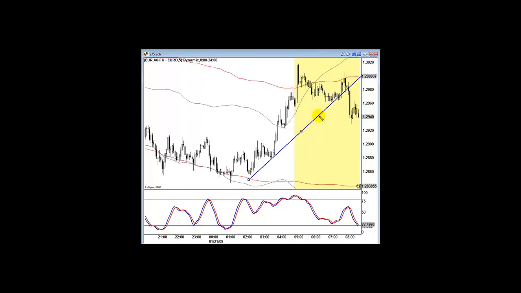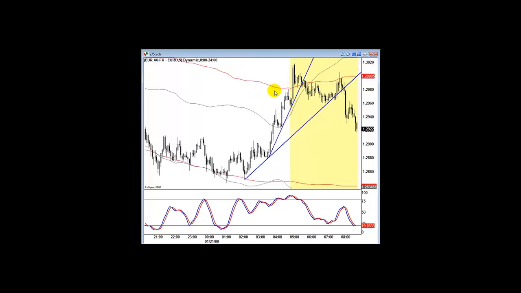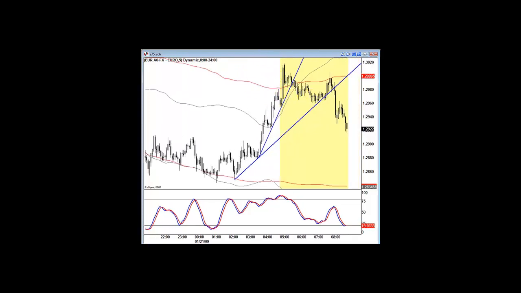That was the slightly wider angled one, or the flatter one, and then we had this nice sharp one moving up from there to there. And you can see whether we entered over there or over here, we've had a nice move on our hands. In fact, already about 60 pips, and that 60 pip trade has taken place in only about half an hour, so a pretty nice move.